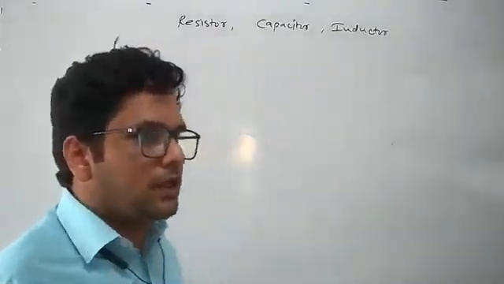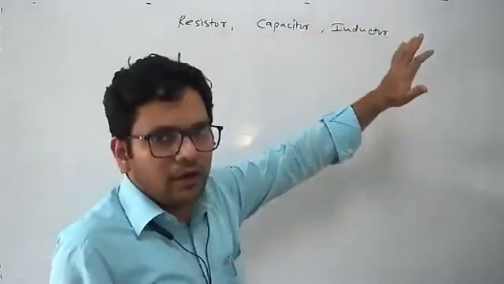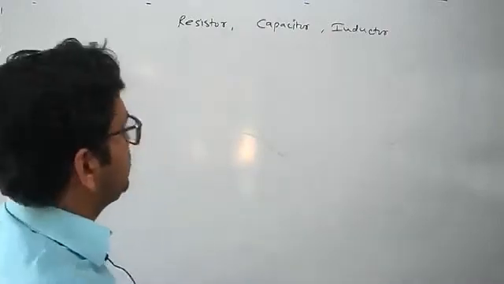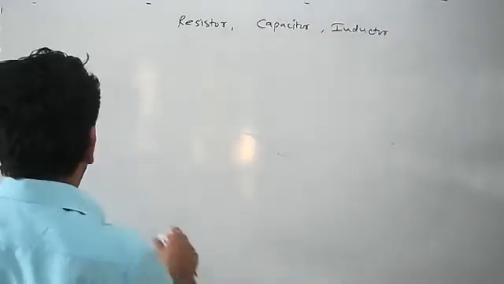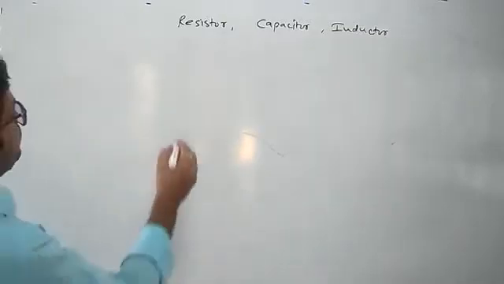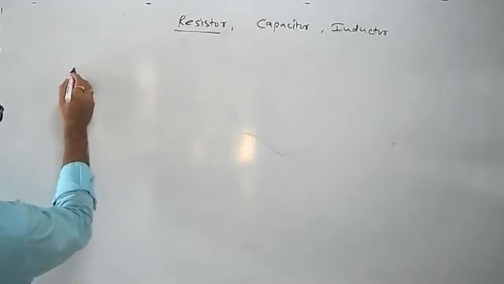So you should know what is the relationship between voltage and current for resistor, for capacitor and for inductor, both in time domain as well as in frequency domain. So let us revise those concepts first and then we will solve the exact numerical on our topic. So with respect to resistor, I am writing over here.